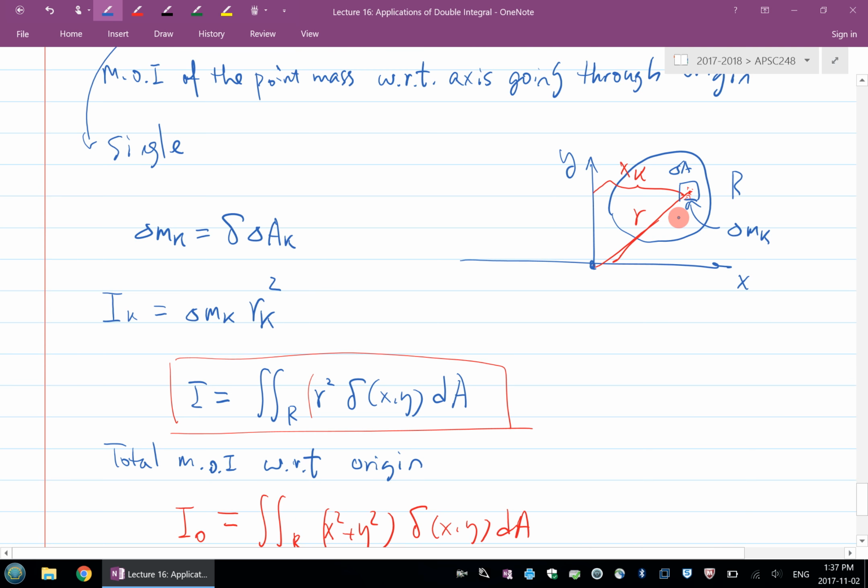And when you calculate, it's always about one small mass times the actual distance from this point, this mass here, to the actual axis of rotation. Because when you go from here to here, that's the distance, and in this case that distance is x. From here to here, it's y.